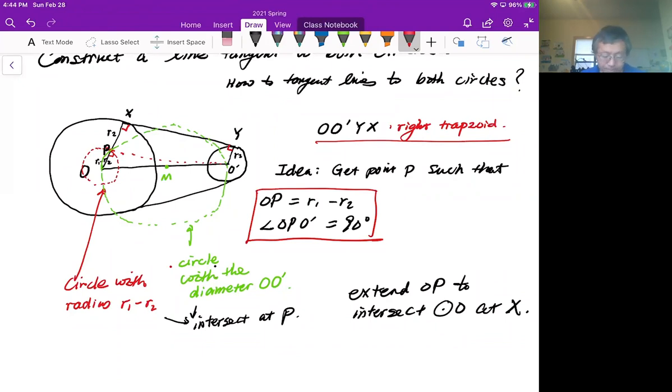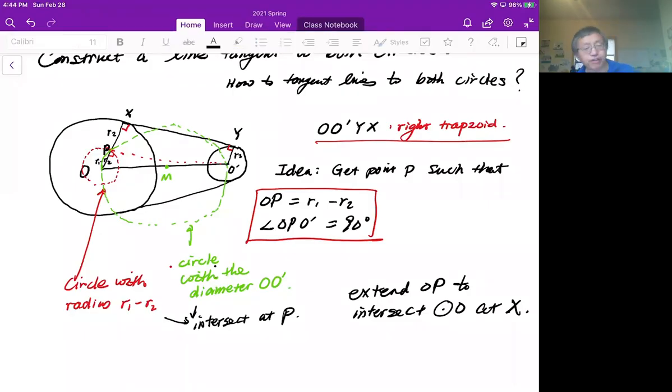Okay, everyone is good? But this is just half of the solution. Why is it half of the solution? Because we have other ways to draw the tangent. That's just one of the solutions, but you have some other solutions.